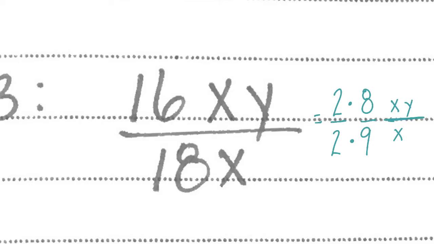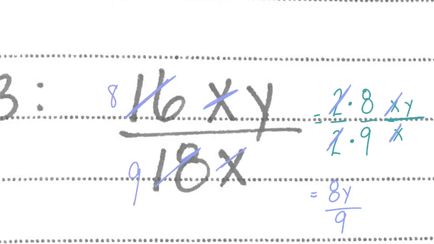So we're going to cancel out things that are in common, 2 and 2, x and x. So my answer is 8y over 9. Now, could I do that by just reducing 18 and 16 by 2? For sure, we could do that, and cancel out the x's, for sure. And you're going to get the same thing, but sometimes you guys miss what's left over. So try not to miss that.